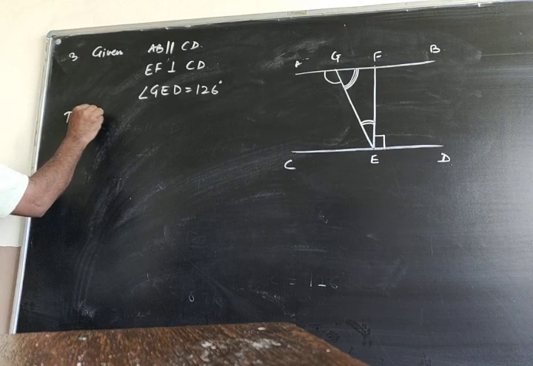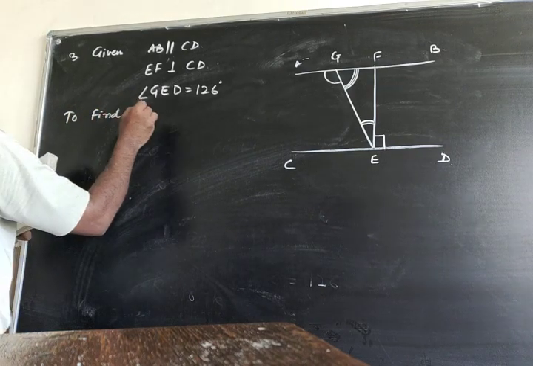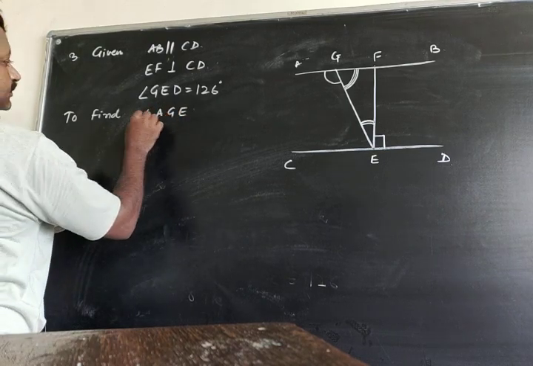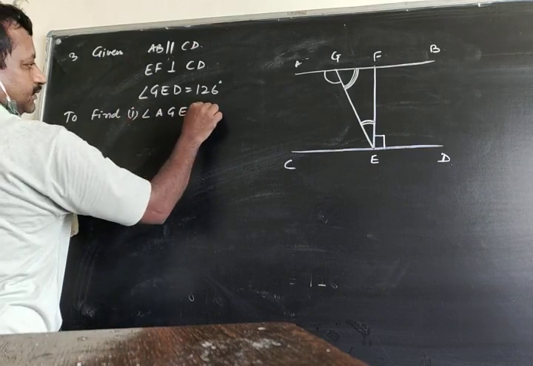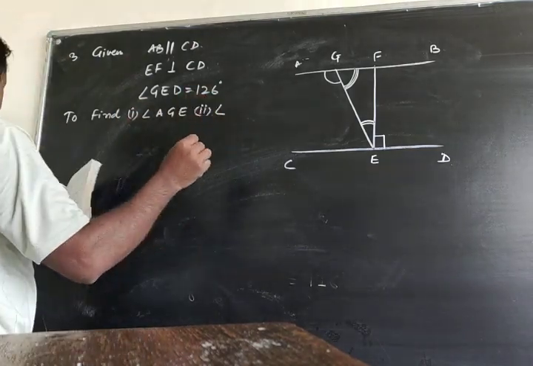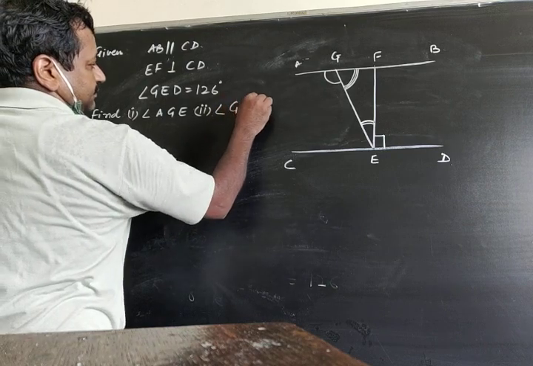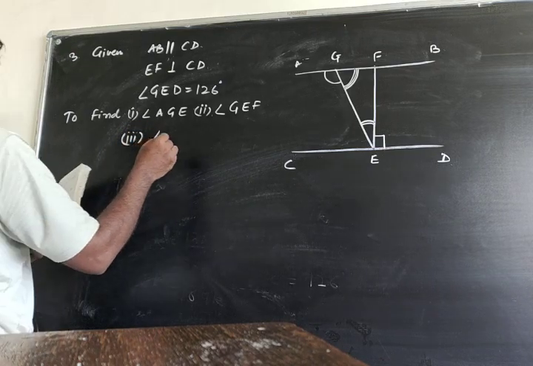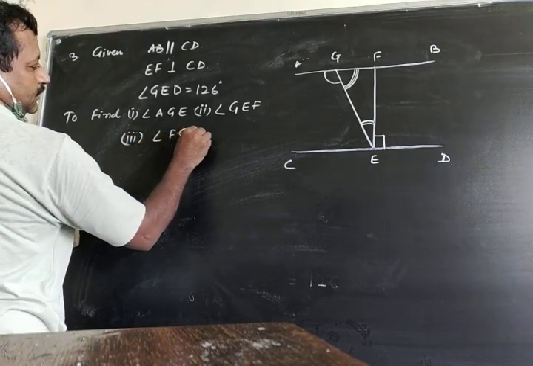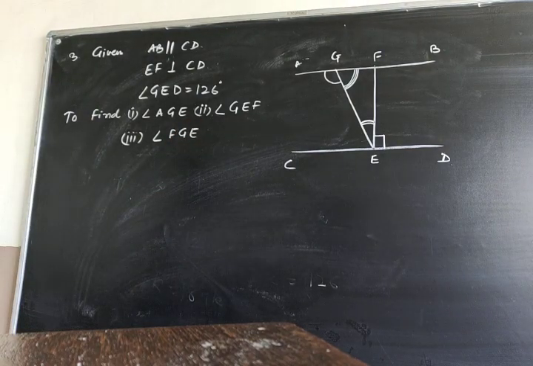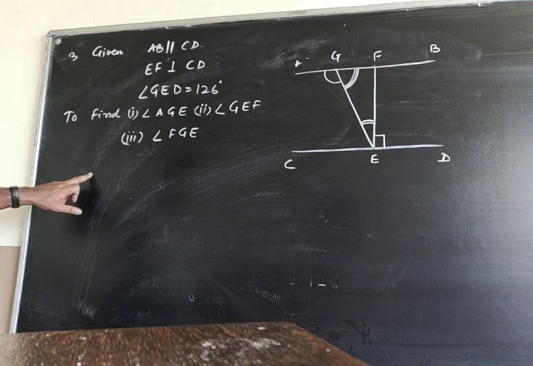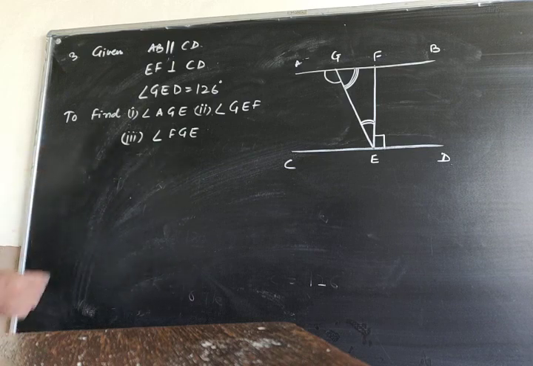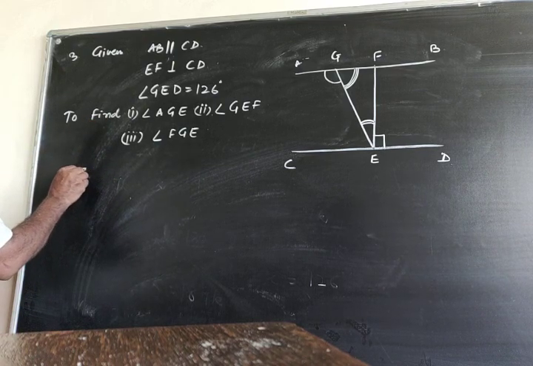To find: first, angle AGE; second, angle GEF; third, angle FGE. So always remember, when we are writing here to find, we will write solution. When we write here to prove, we will write proof. So to find, after that, solution.